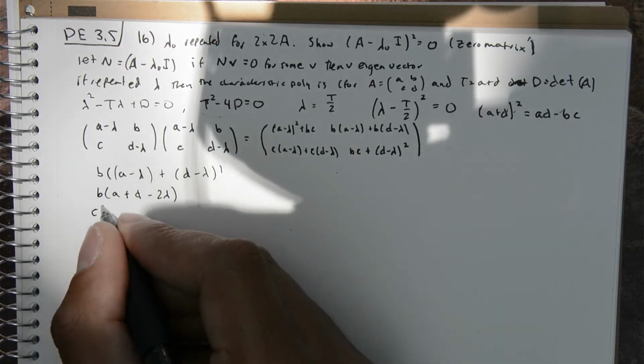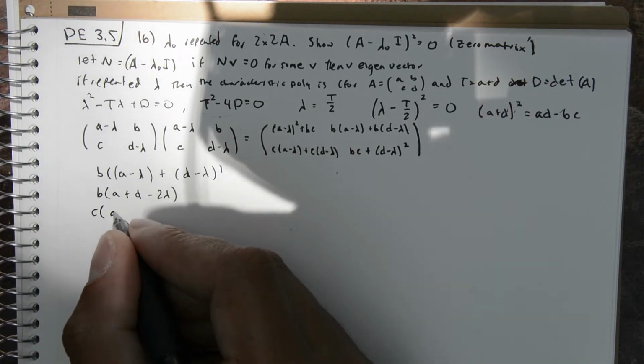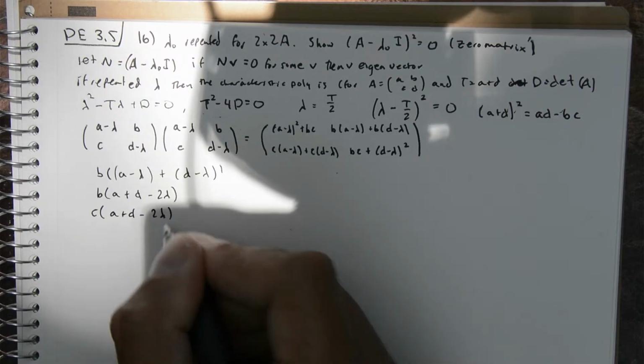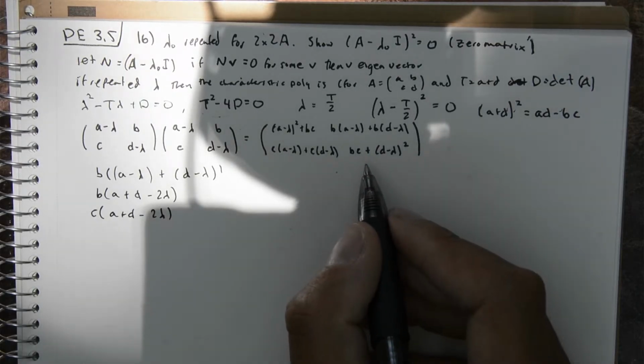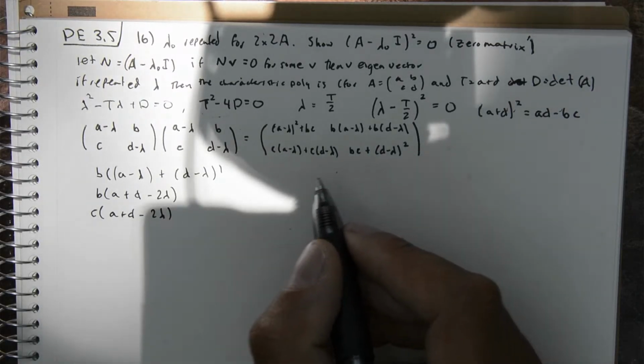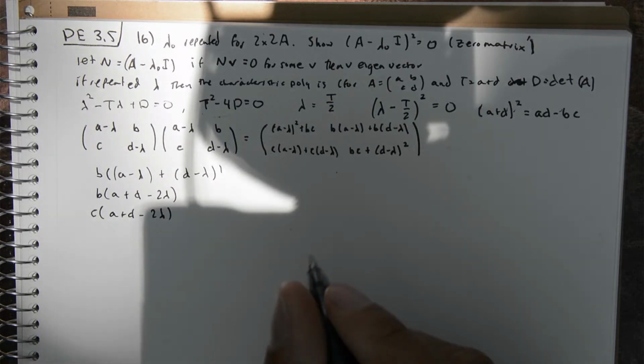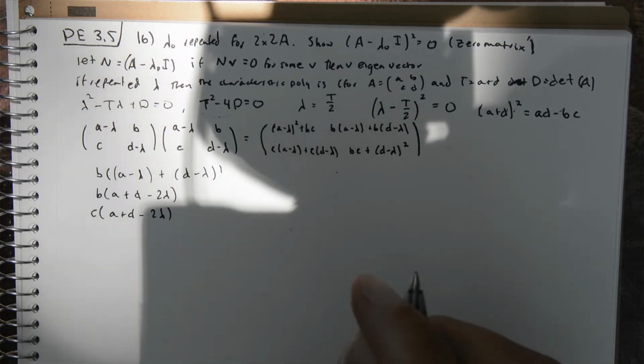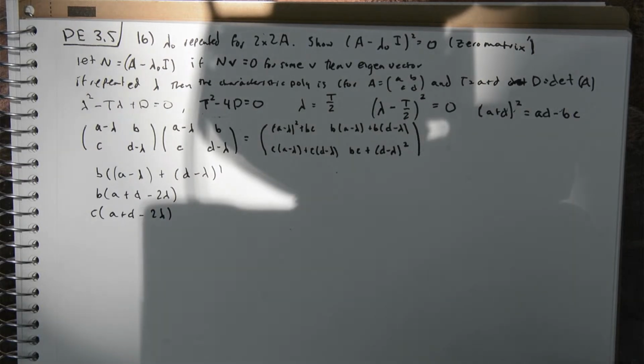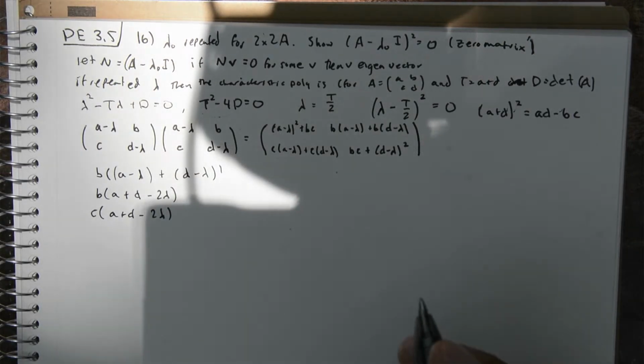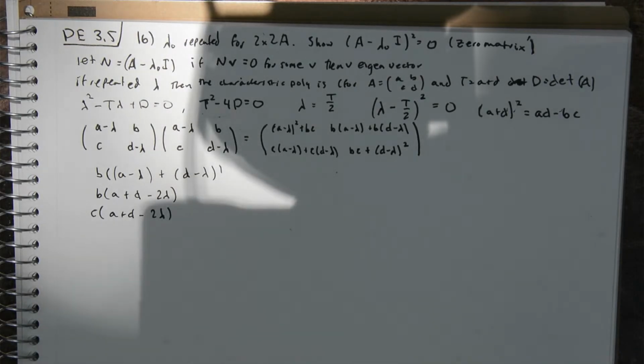Similarly, we're going to get c, a plus d minus 2 lambda. There's got to be a better way to do this.